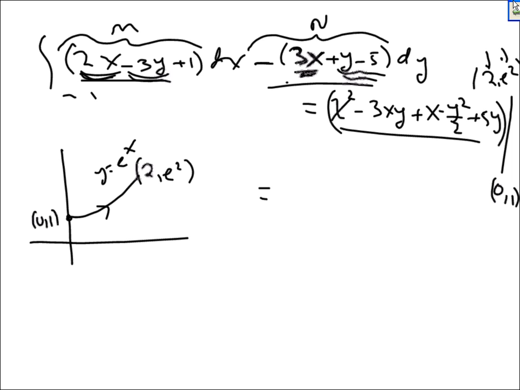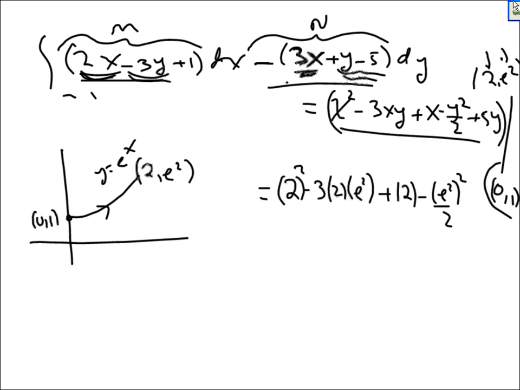So writing this down, you get x squared minus 3 times x times y plus x minus y squared over 2 plus 5y.